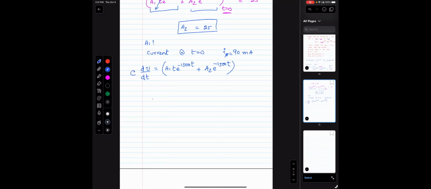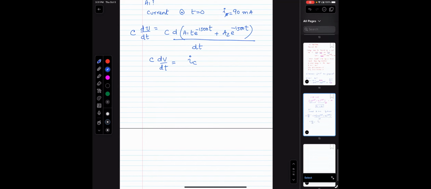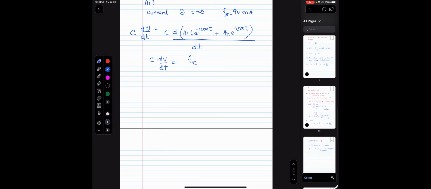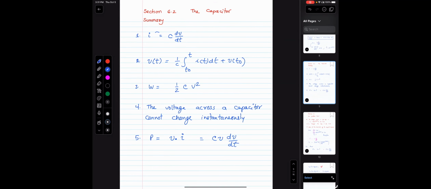So if I do C dV by dt of this, which simply means I have to do that on both sides, so multiply both sides by C and take a derivative. What is that equal to? C dV by dt equals the current. Remember? Or let's go back to the formula. The current is C dV by dt.